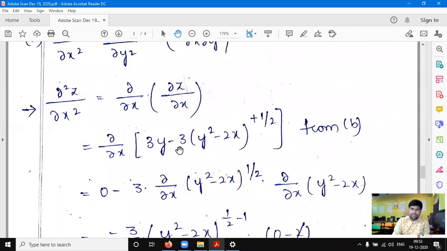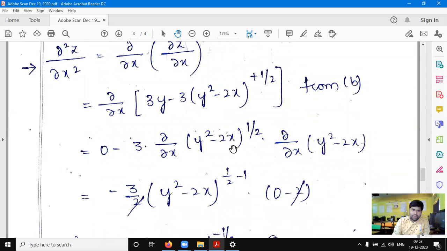Okay, you have to substitute that value here. So that is ∂/∂x of [3y minus 3(y² minus 2x)^(1/2)]. Differentiate with respect to x. So 3y becomes 0, because 3 is constant and y is constant.